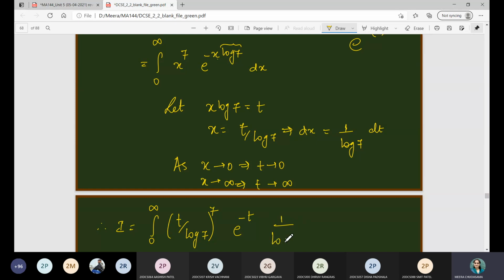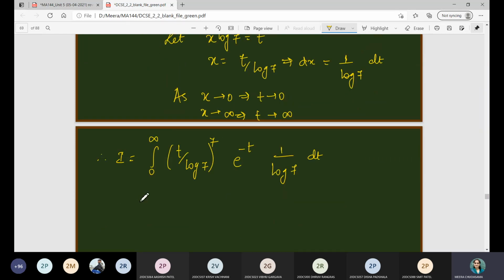So dx is 1 upon log 7 dt, right? So let us take the constant quantities outside of the integral. You can see that log 7 being constant, we can take it outside. So this is power 7 plus 1 in the denominator, so 1 upon log 7 raised to 8.